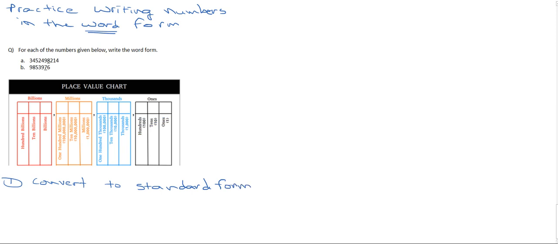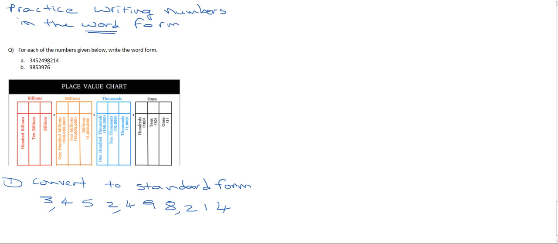I'm going to write this 3, 4, 5, 2, 4, 9, 8, 2, 1, 4. And so writing standard form means grouping numbers into threes and putting commas. This is the standard form.